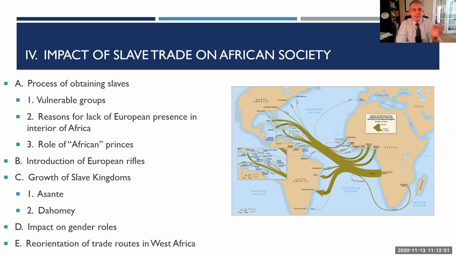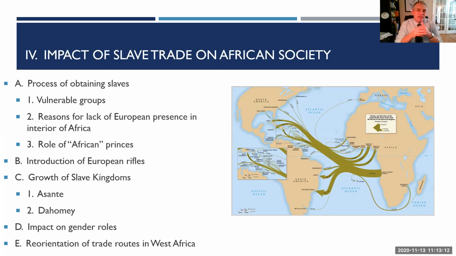Let's go on to letter E. Letter E, the reorientation of trade routes in West Africa. What we learned was that there is this thing called the Trans-Saharan trade route, and that oriented West Africa across the Sahara Desert to the Mediterranean coast and out to the Middle East. So the trade went north and east.